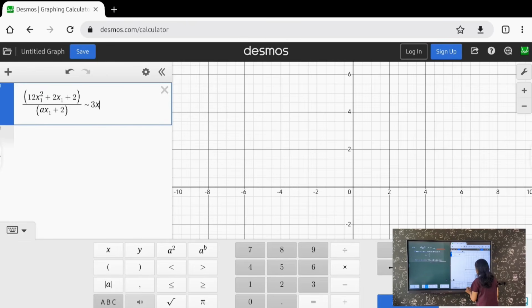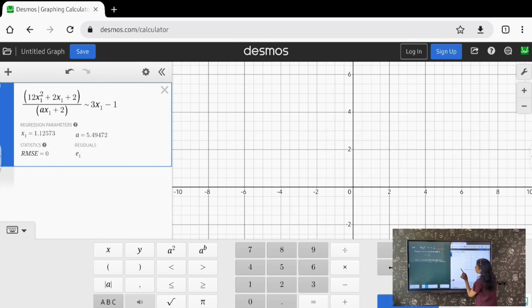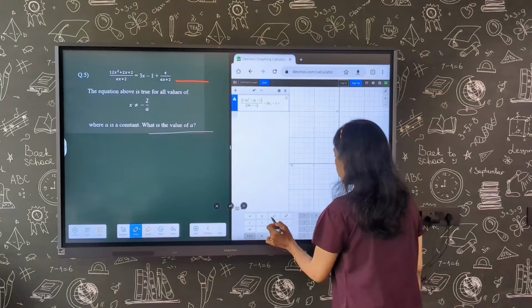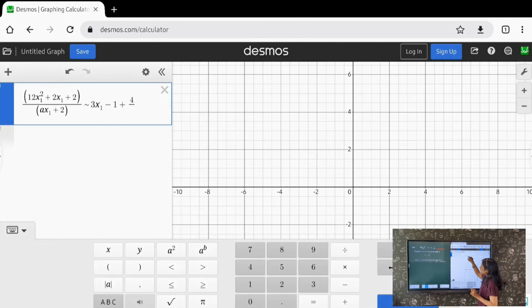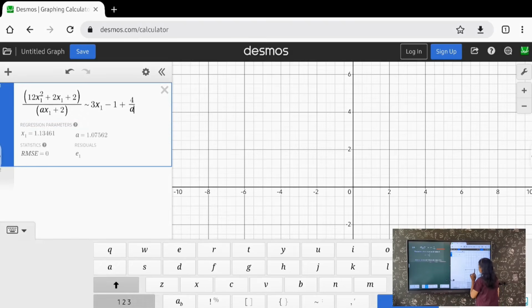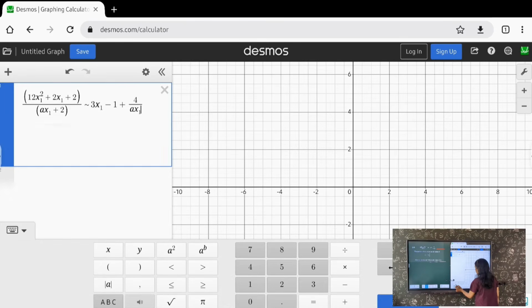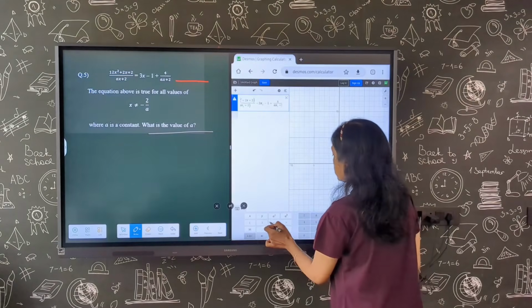3x1 minus 1 plus 4. Now here we have ax plus 2 with this 4 only. So over a x1 plus 2.